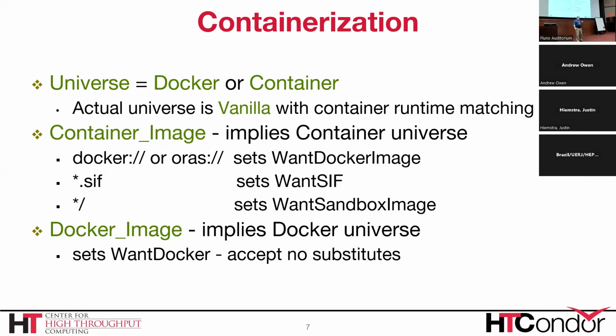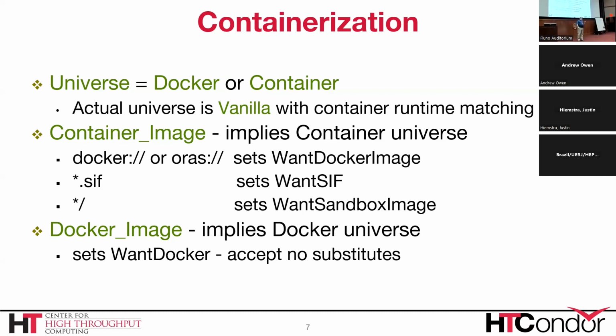If it starts with docker, then that means I want to match a resource that understands how to pull from Docker repos. If you say .sif, then that says oh, I need to match with a resource that knows how to start a container against a SIF file. If it's anything else, then we expect to match a resource that knows how to start a container from a directory tree. Just run, this is the container contents.